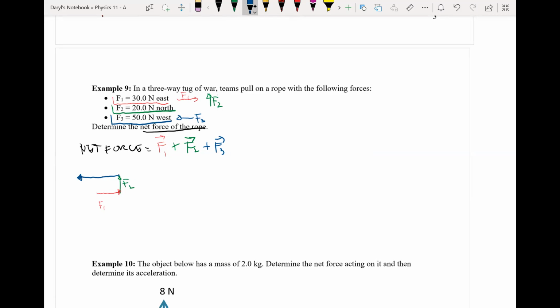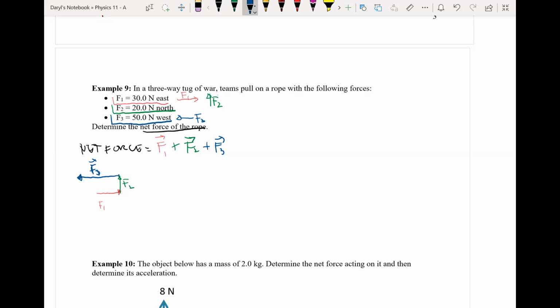It doesn't have to be very accurate, but it should at least represent the difference, like in this case F3 should be longer than F1 because F1 is only 30 newtons and F3 is 50 newtons.